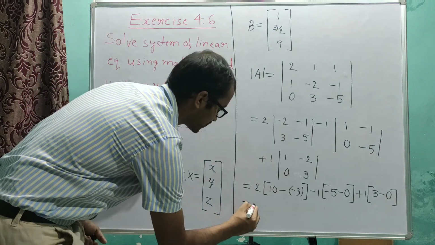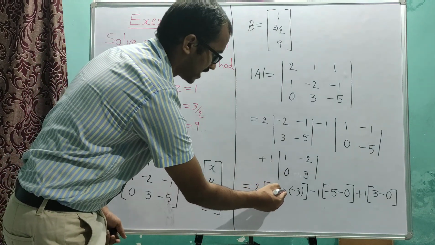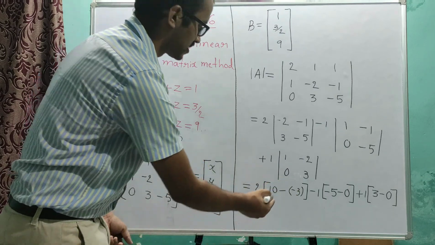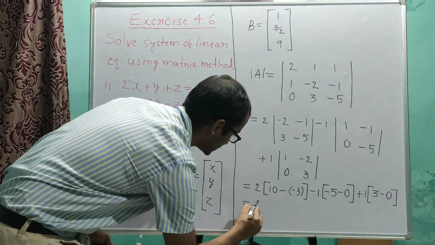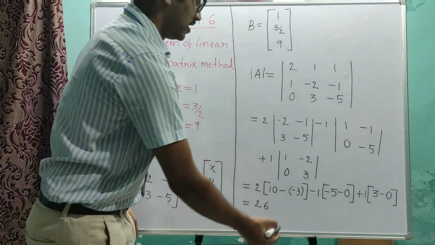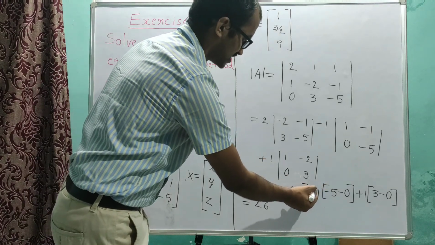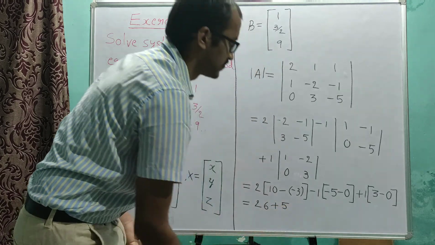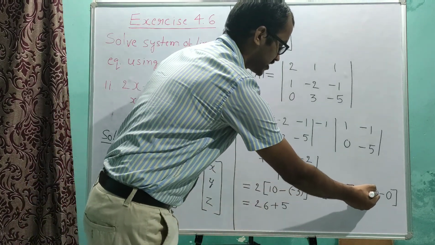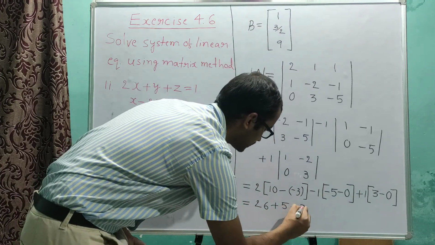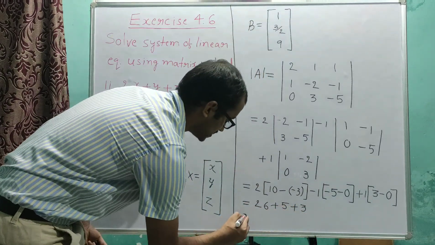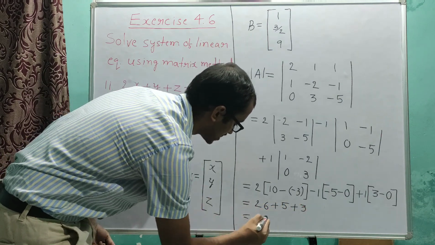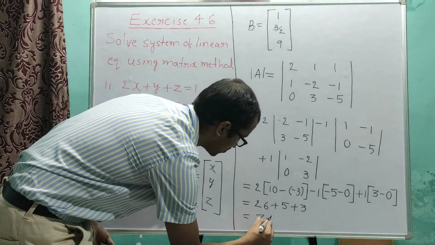So that is equal to 10 minus of minus 3, that is 10 plus 3 becomes 13, 13 into 2 becomes 26. Here minus 5 into minus 1, that is plus 5, plus 1 into 3 becomes 3. So that is equal to 26 plus 5, 31, 31 plus 3 becomes 34.